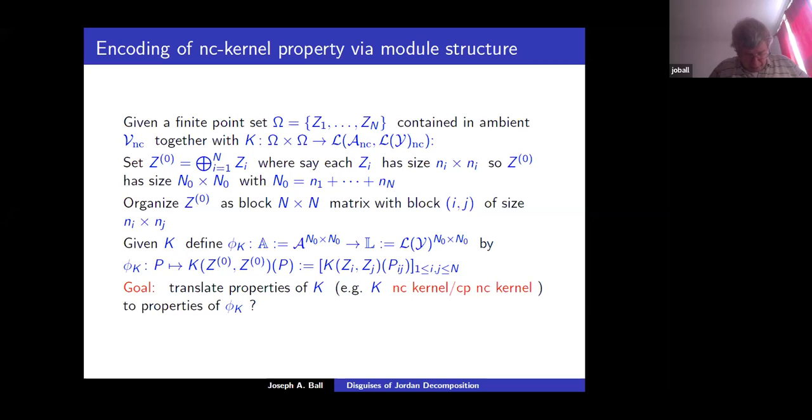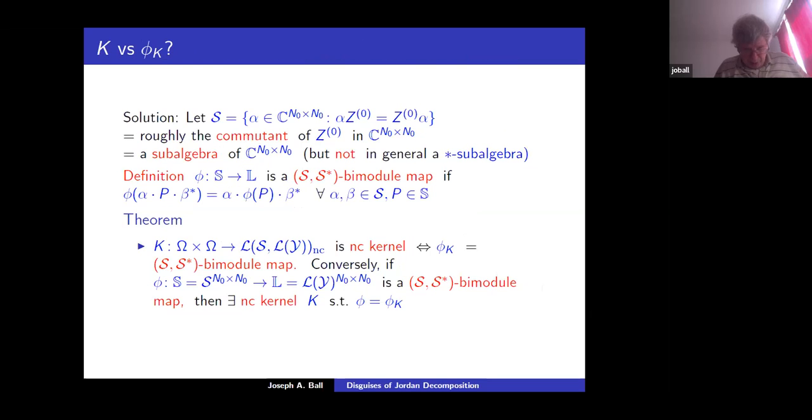Then you have a map just from our operator algebra, N_0 by N_0 matrices over the C-star algebra A, into N_0 by N_0 matrices over L of Y, which we can also think of as operators on N_0 direct sum N_0 copies of Y. And we'd like to translate properties of K to properties of this map phi_K, which has all these points, the interplay of the points hidden in this big point Z_0.